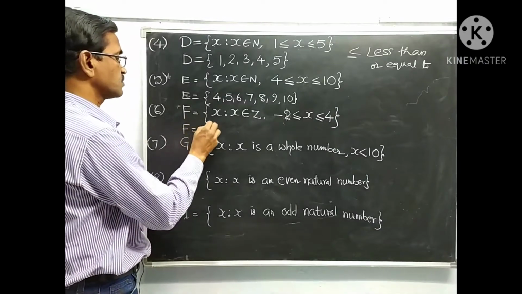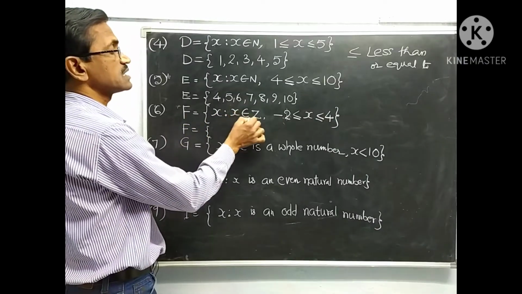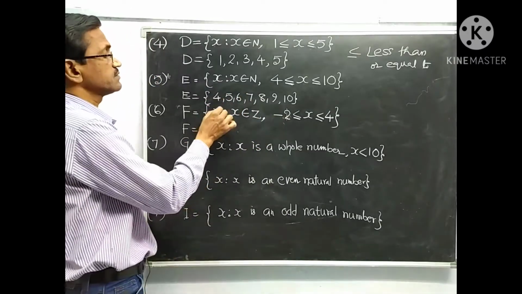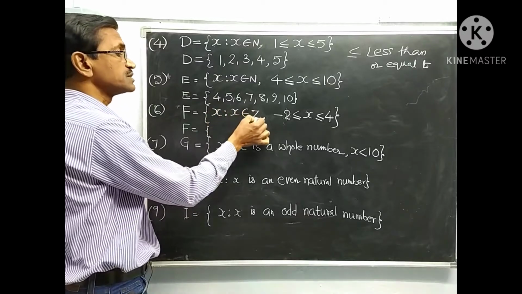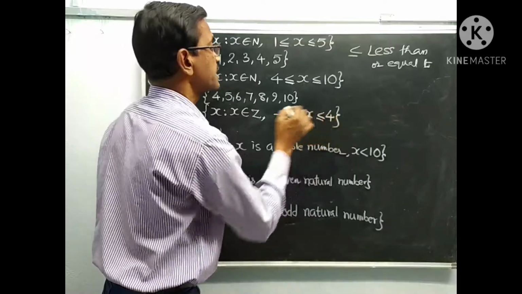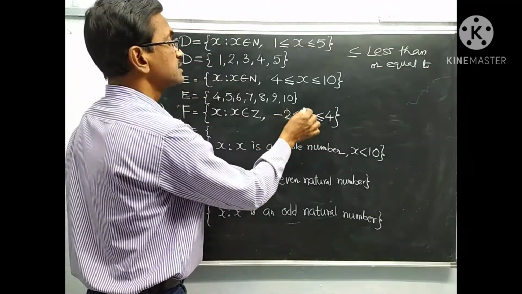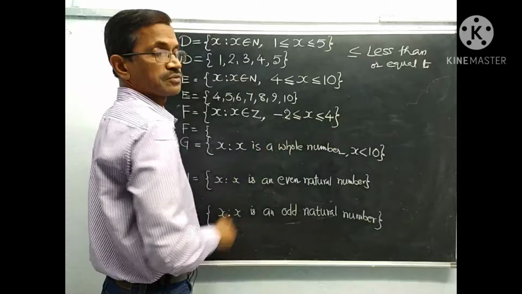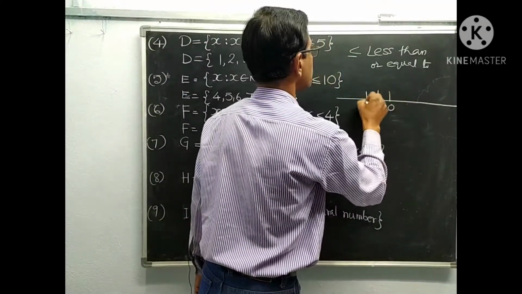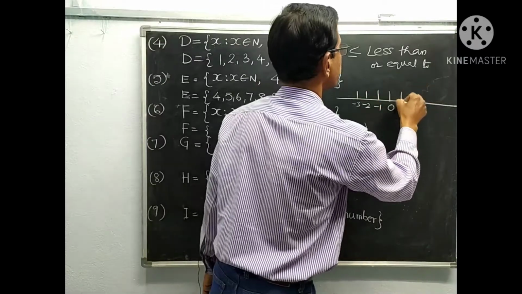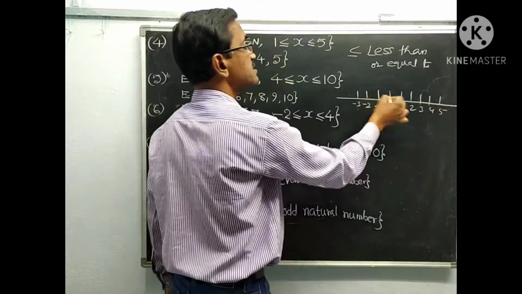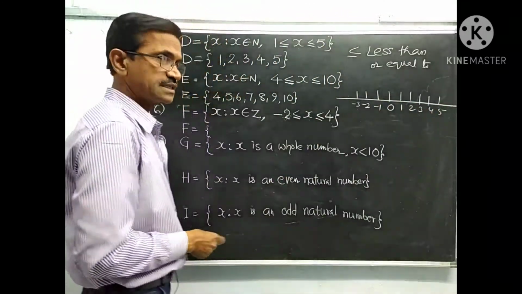Next, F is equal to x such that x belongs to Z. Z means integers. We have to collect the elements from set Z, but not all elements. You have to take these elements only. What are they? The x lies between -2 and 4. You know the number line: negative numbers, and here positive numbers. A set of positive numbers, negative numbers and 0 together is known as integers.